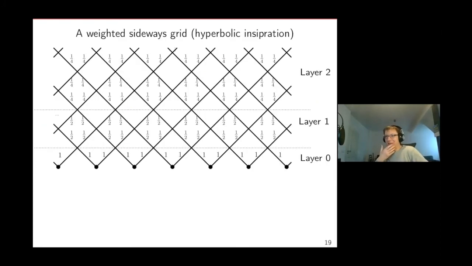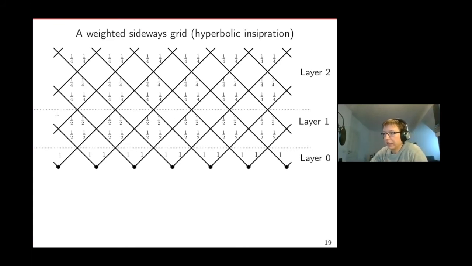So let's now try to forget about all of that for a second and look at this sideways grid where I put some weird edge weights on all the edges. So I took a sideways grid and I cut off the bottom part.